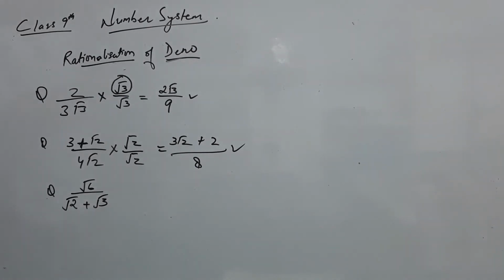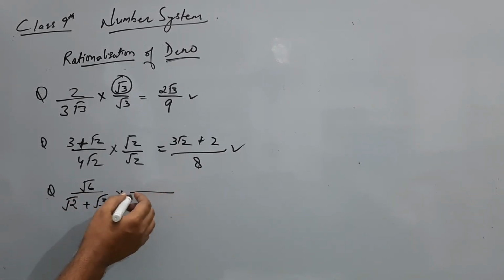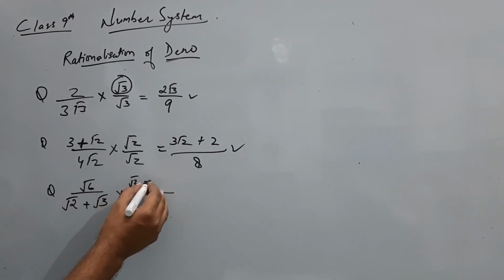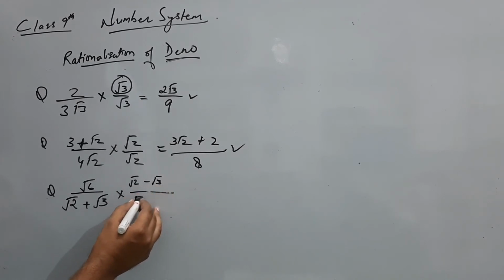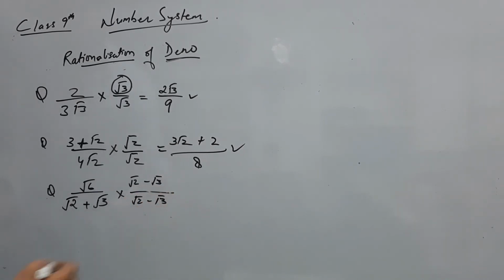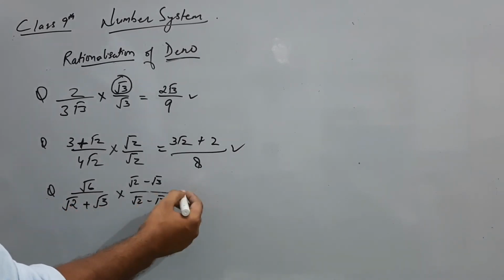So this is the question. We just have to rationalize the denominator. To rationalize the denominator, what do we have to do? I told you whenever there are two terms, we have to take the same terms, but we are going to change the sign. So root 2 plus root 3 becomes root 2 minus root 3.